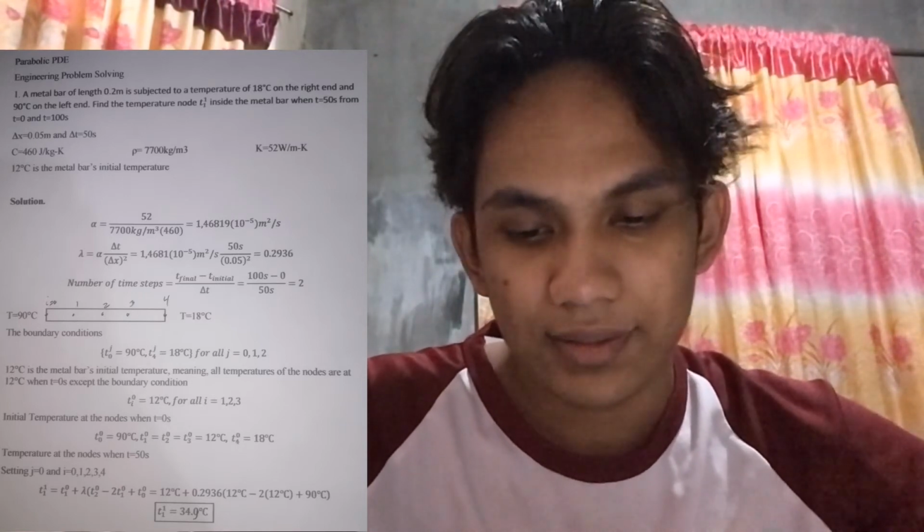So the temperature at the nodes when t is equal to 50 seconds. Setting j equal to 0 and i equal to 0, 1, 2, 3, and 4, we write for location 1 and time 1: T sub 1 raised to 0 plus lambda times the formula, T sub 2 raised to 0 minus 2 T sub 1 raised to 0 plus T sub 0 raised to 0.